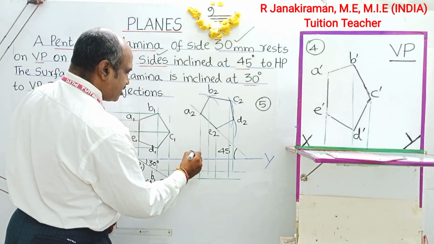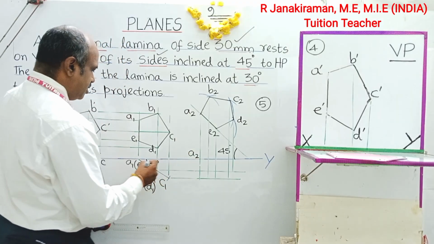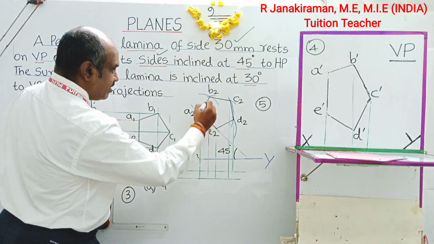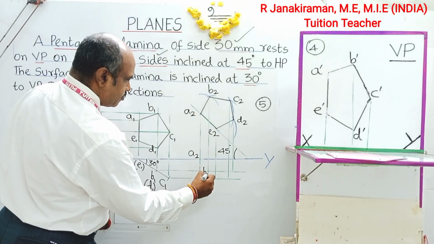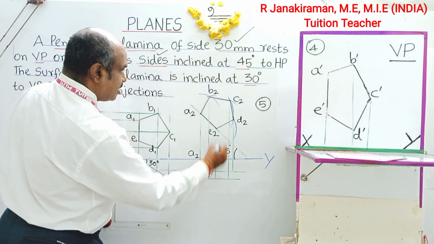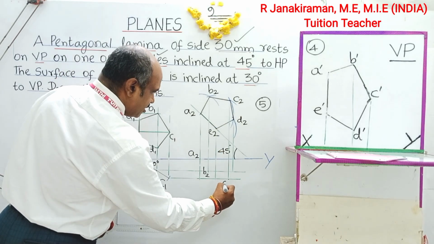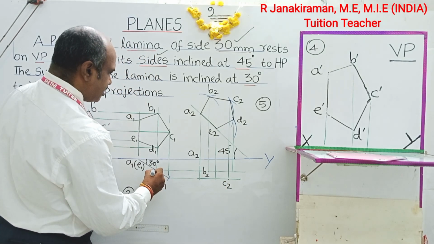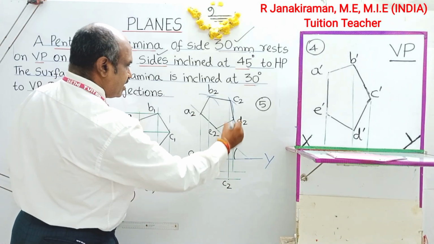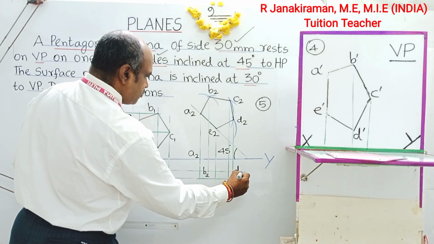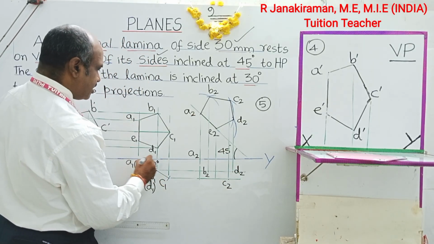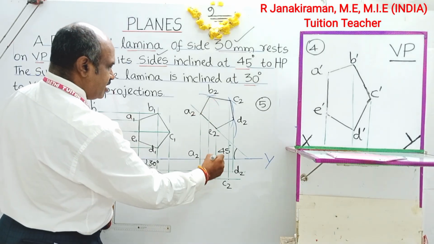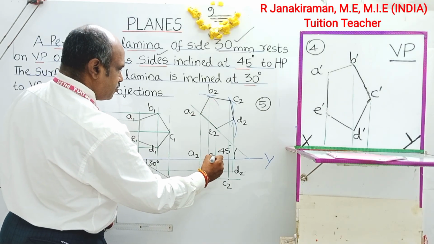This point shall be marked as A2. Horizontal B, vertical B, B2. Horizontal C, vertical C, C2. Horizontal D, vertical D is D2. Next, horizontal E, vertical E, E2.